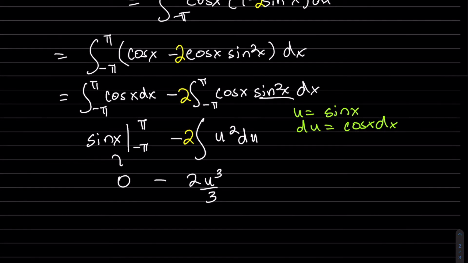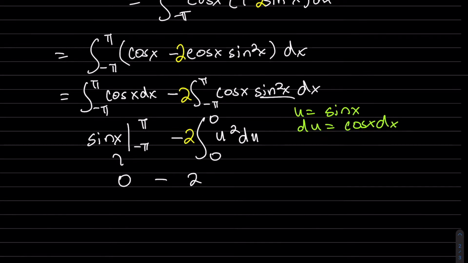When we change the limits of integration and plug in minus pi, sine of minus pi is 0, and pi is 0. So basically this is just 2 times 0, which is 0.